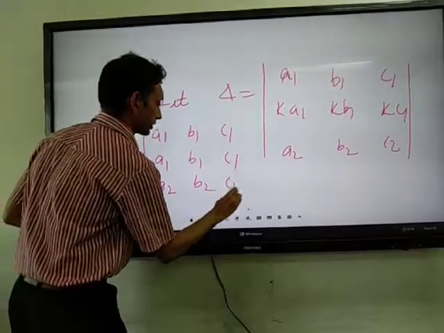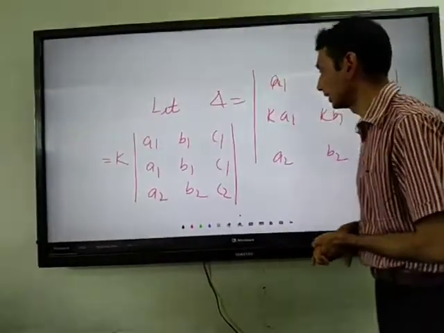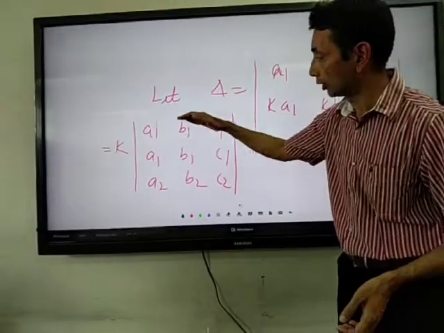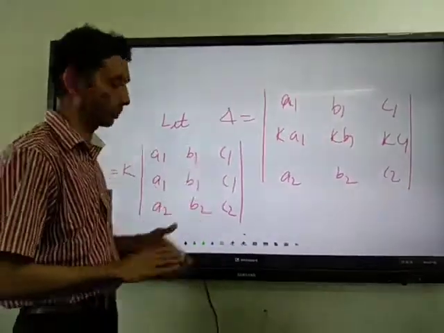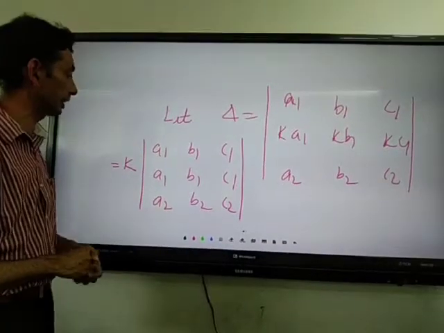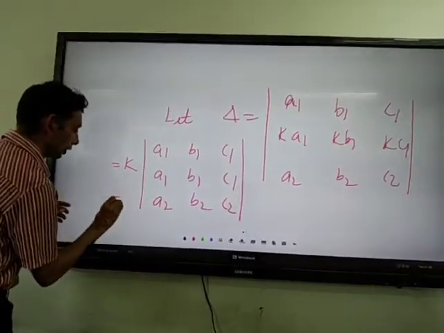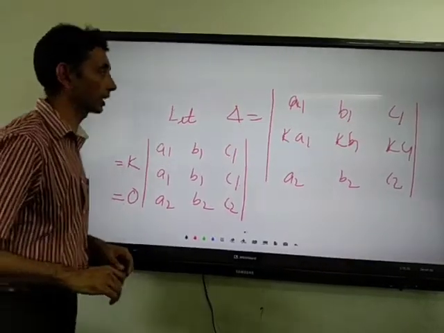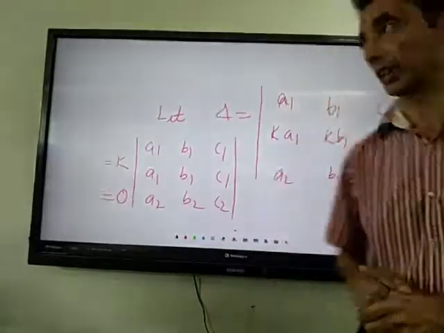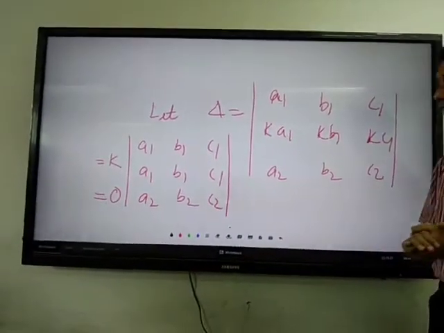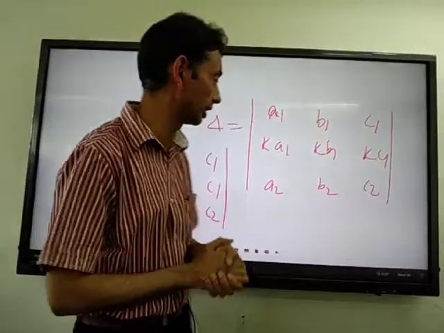Now we'll be using the property we have learned today: if two rows are identical, the value of the determinant will definitely be 0. Hence, finally you can say that if two rows or two columns have terms in proportion, the value of the determinant will always be 0.